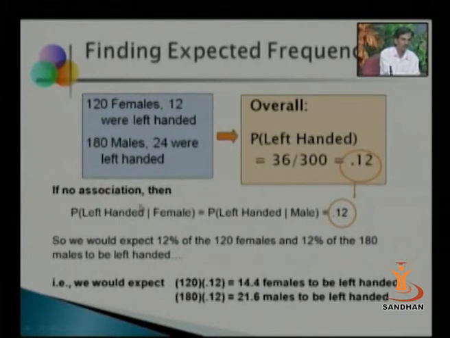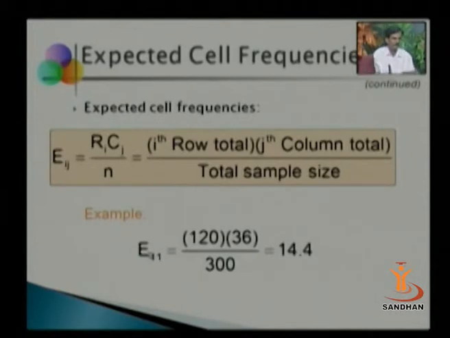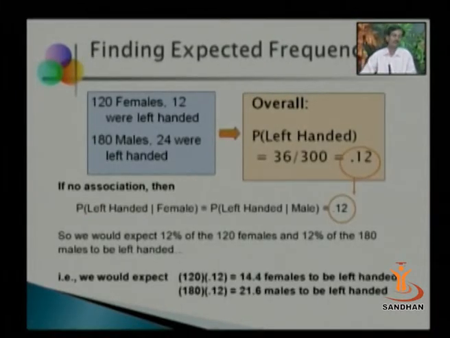So if there is no association, the probability of left-handed female is the same as the probability of left-handed male, and that is equal to 0.12. So we would expect 12% of the 120 females and 12% of the 180 males to be left-handed.